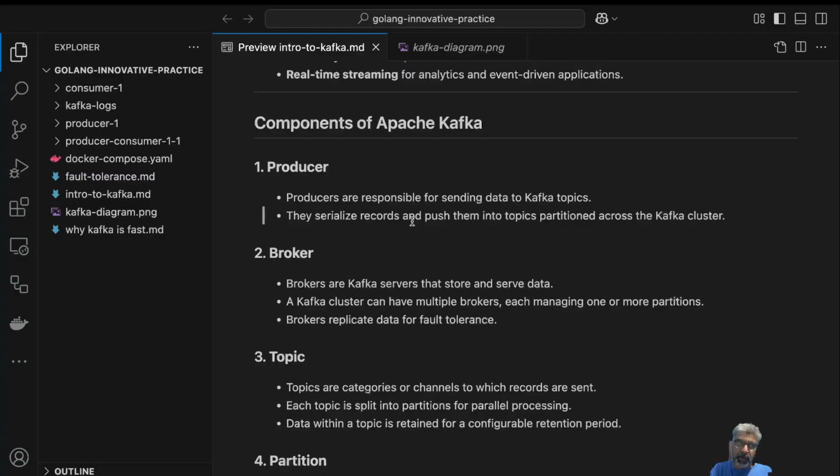Each broker contains some partitions. There is a special concept called partitions, which is the compelling feature of Kafka. We will discuss partitions later. Each broker contains one or more partitions, and it depends on the topic. Generally, if there are three brokers, there could be three partitions.